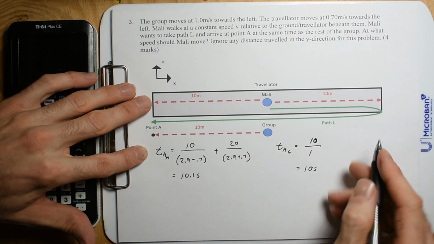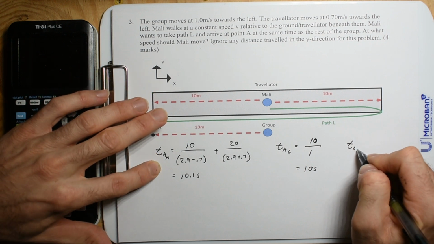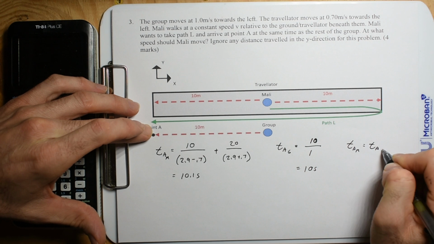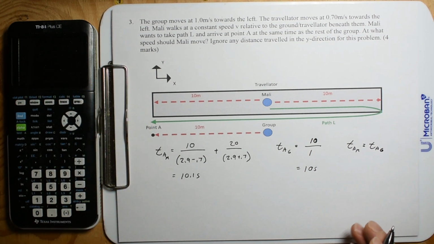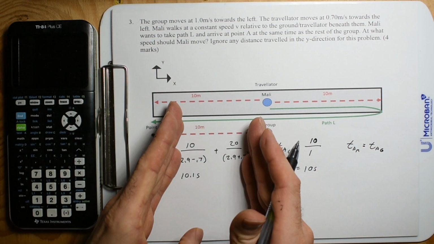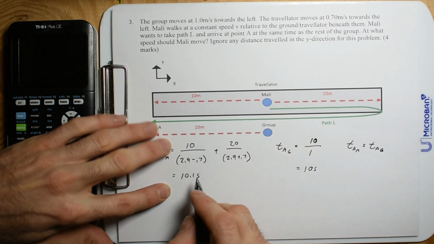So the continuity is like, hey, these times have to be the same, so we could write this equation: the time of Malachi to get to point A has to equal the time of the group to get to point A. And from an equation perspective, since these are equal, this side of the equation has to equal that side.